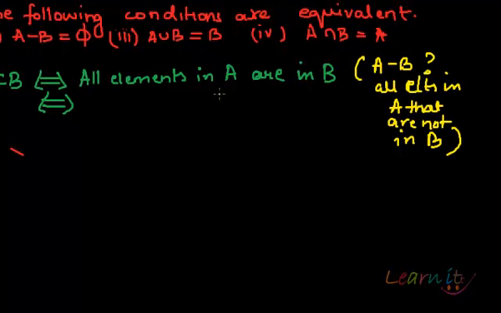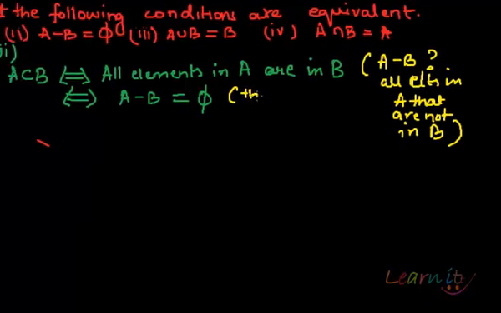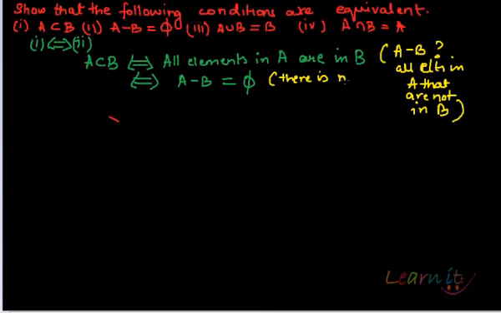But all the elements that are in A are in B. That means A minus B does not contain any element. There is no such element. Therefore, A minus B is phi, because there is no such element. Okay, so that's the reasoning.